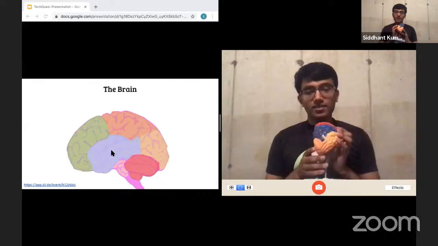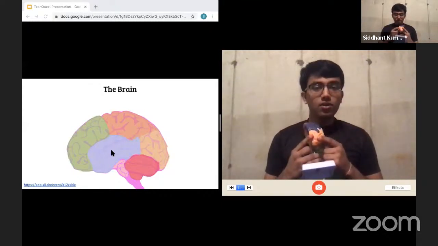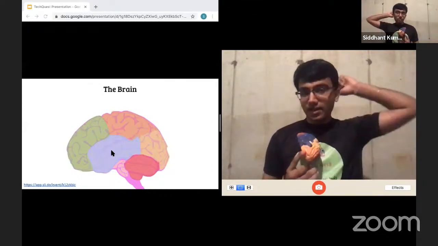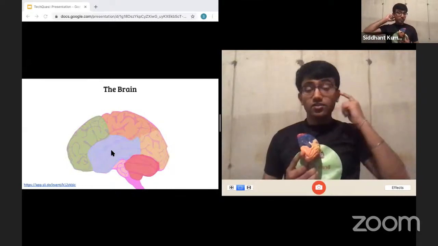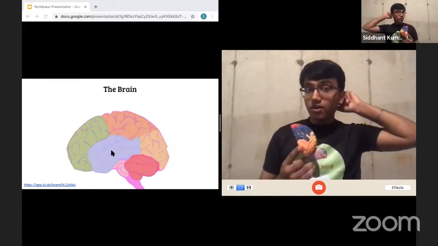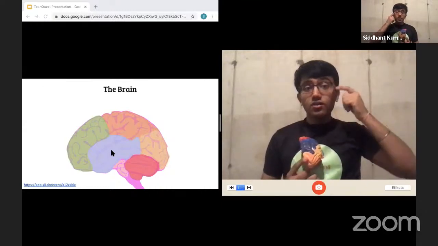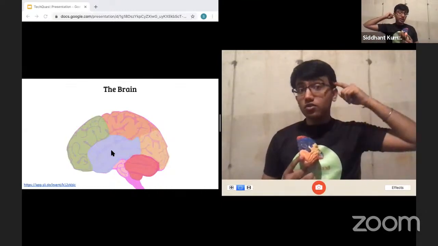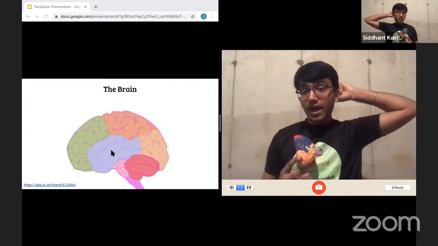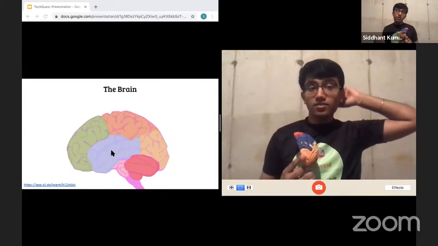Finally, at the back, we have one more lobe, all the way at the back. It controls our eyesight. It's called the occipital lobe. Even though it's all the way at the back, for some reason, our eyes need to transmit information through our brain to get to the back of the brain, which allows us to control our eyesight.